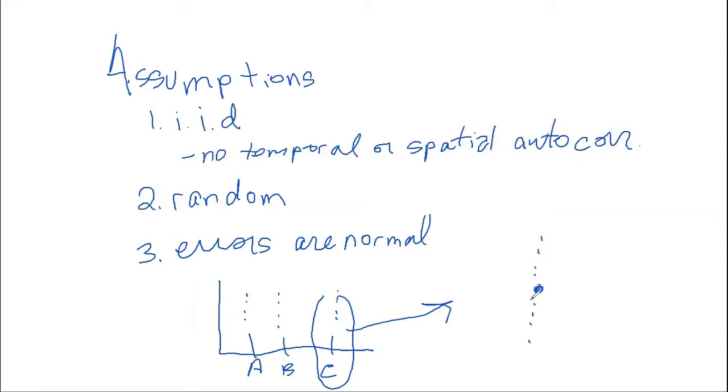What errors being normal is, if we look at the distribution of these errors, so remember that errors are observations that don't match the mean. So whatever's driving this response, there's something different than what is driving the overall mean.